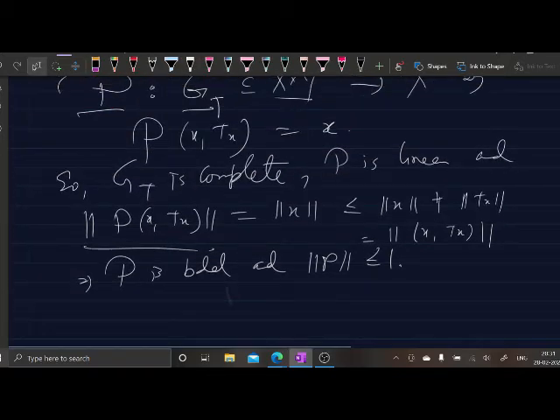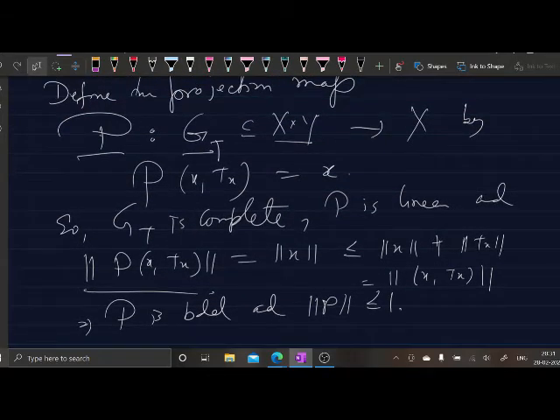So P is a bounded linear transformation from G_T to X. Okay.